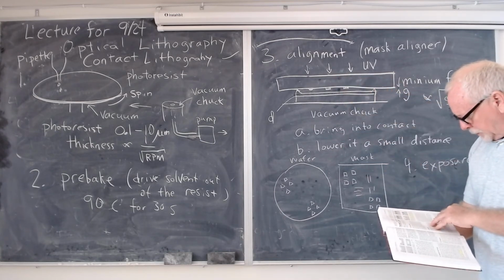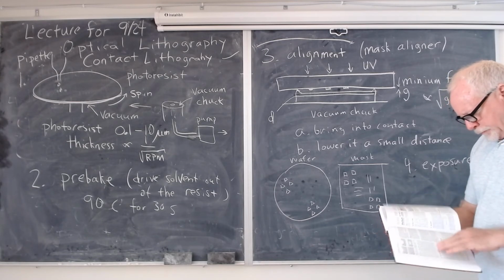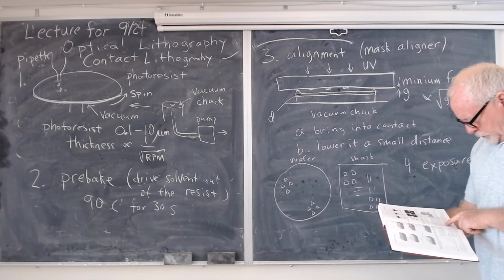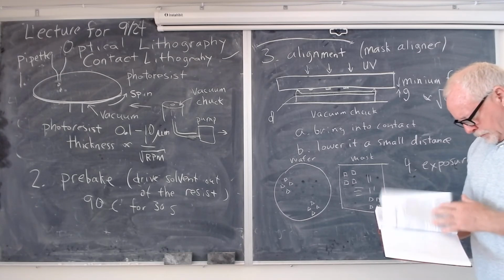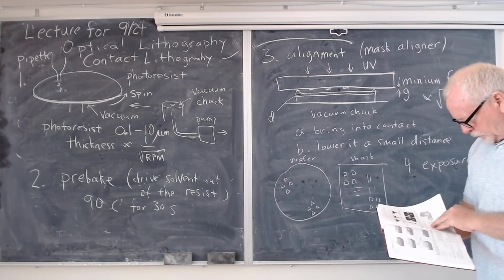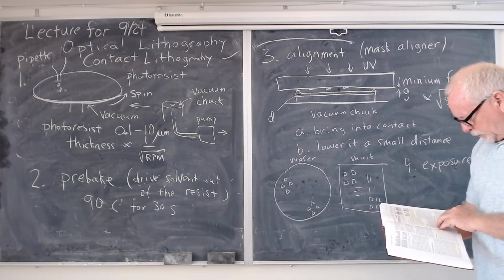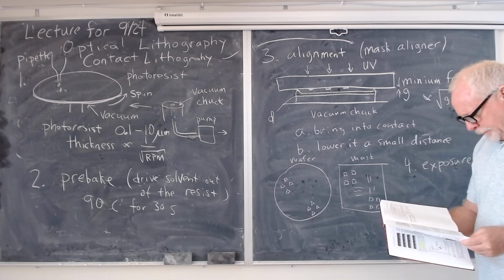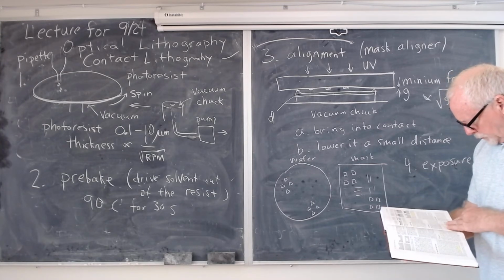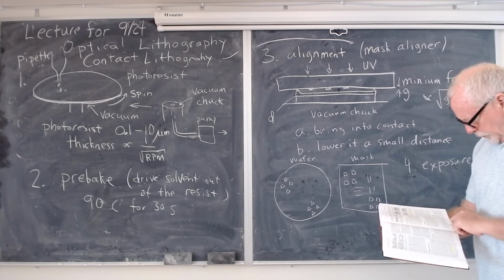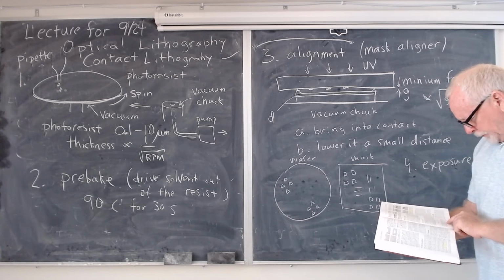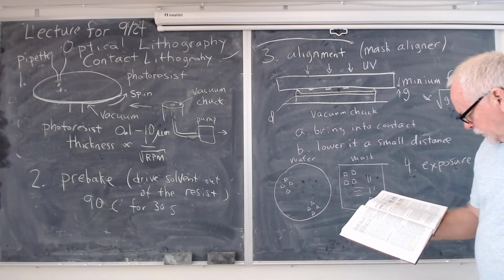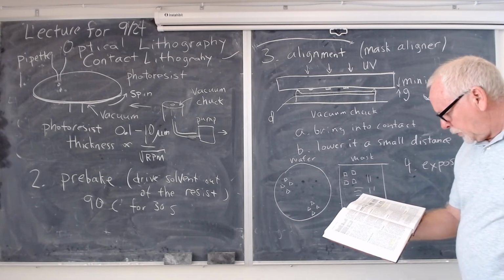Typically, the wavelengths he gives in here will be in the ultraviolet, somewhere around 300 nanometers, and there are different wavelengths that you can use, but oh, here we go. Under resolution, 365 nanometers is the usual wavelength that's used, but it could be a little bit toward the blue.